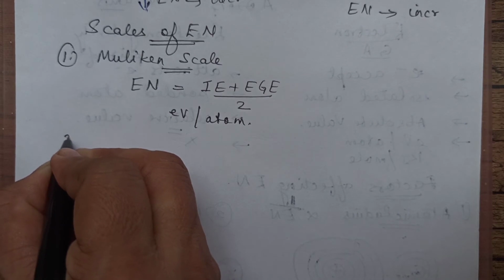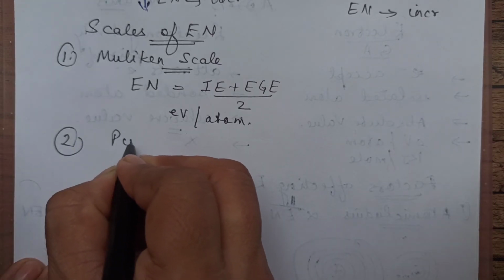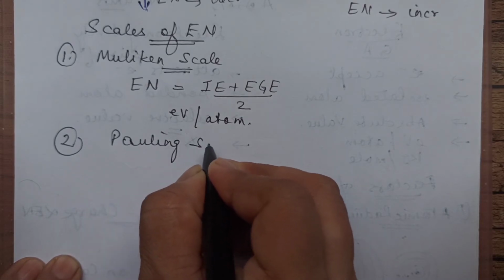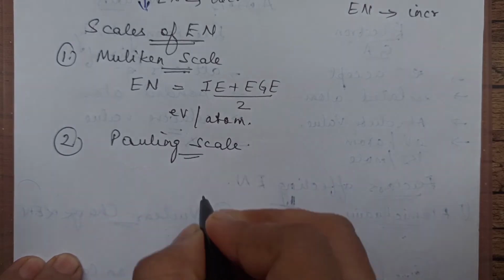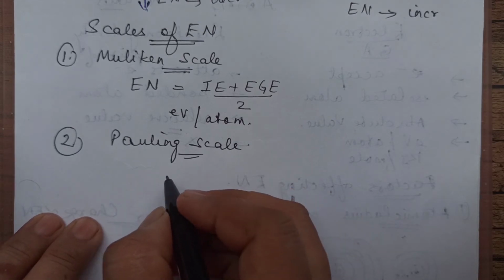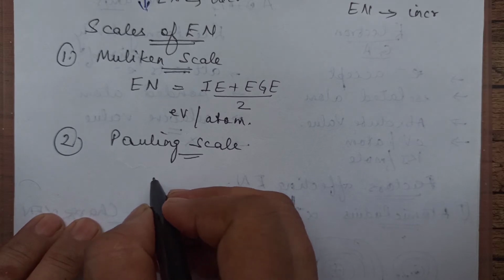But the more commonly accepted one is the next one, that is Pauling's scale. This is majorly used. Now what is Pauling's scale? As per Pauling's scale, there is a formula to calculate the electronegativity.